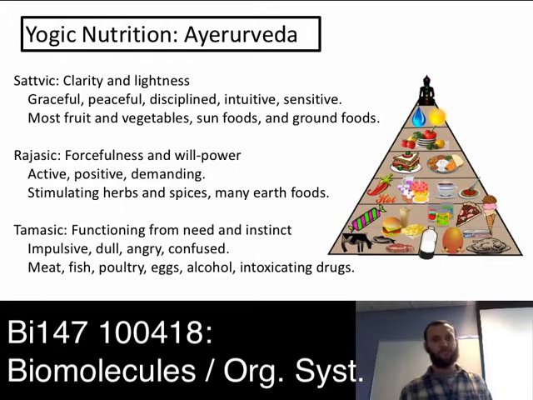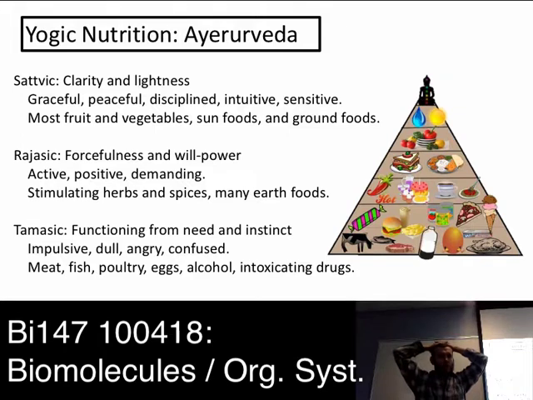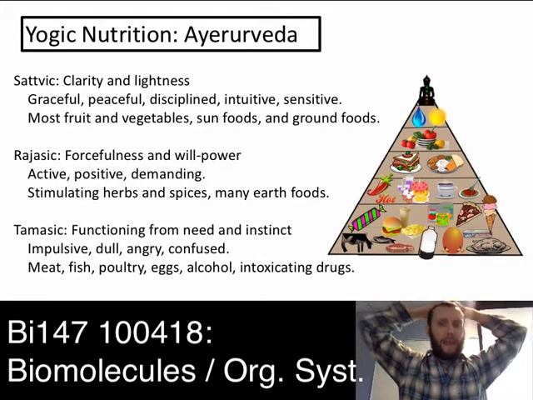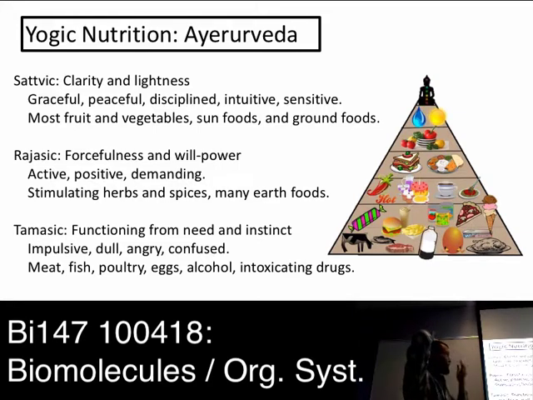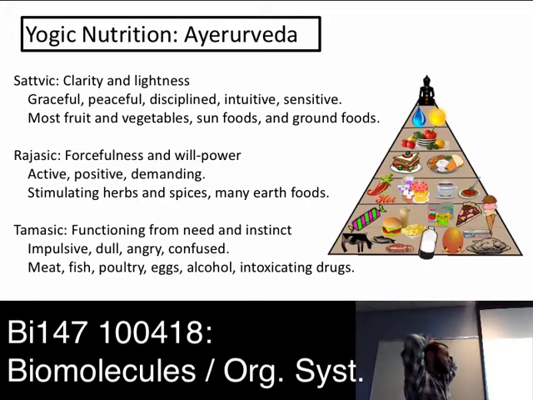Okay, so in terms of food, what the yogic tradition says about food is contained within the discipline of Ayurveda. I'm sure many of you have heard about some aspects of Ayurveda, more later in the semester.